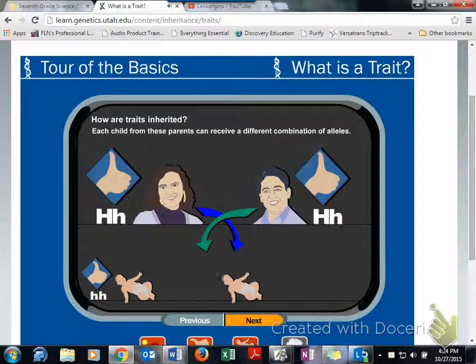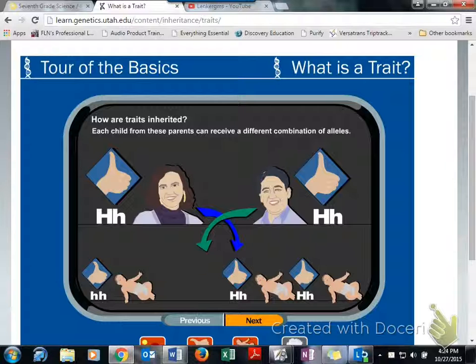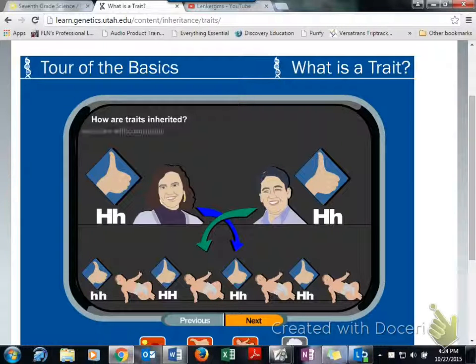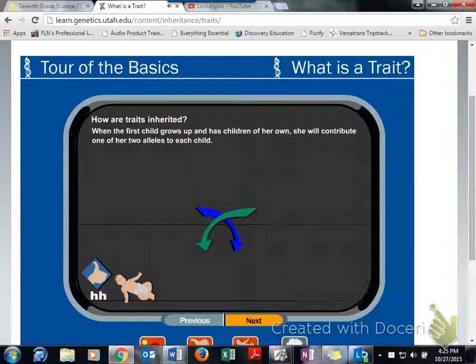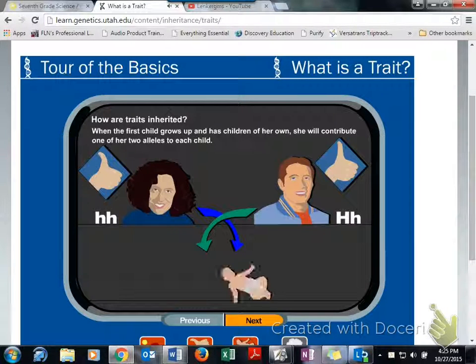Each child from these parents can receive a different combination of alleles. When the first child grows up and has children of her own, she will contribute one of her two alleles to each child.